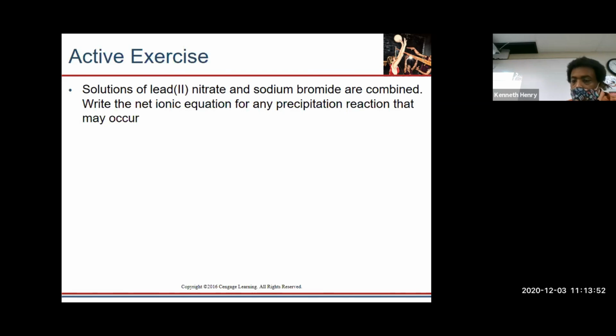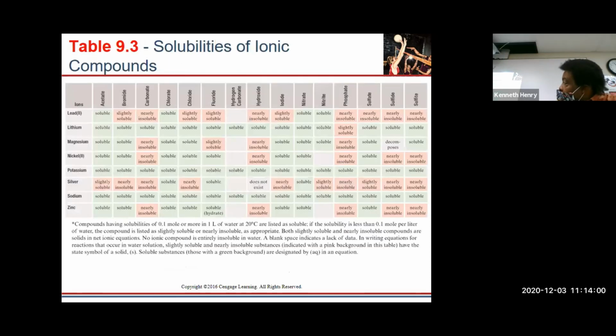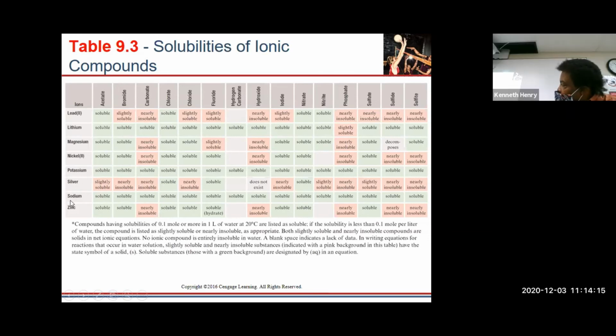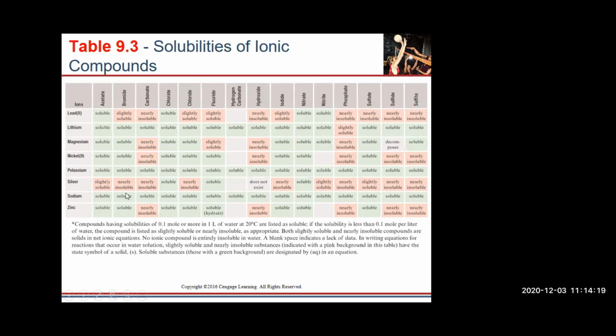If we go back to that table, we're looking for lead II nitrate. It's soluble. And then we have sodium bromide. Soluble. Okay, so let's write that down.